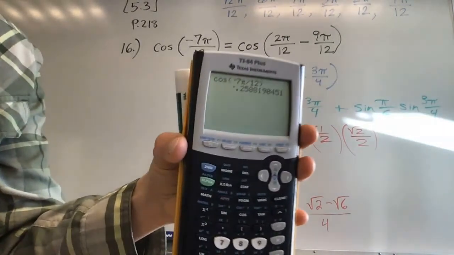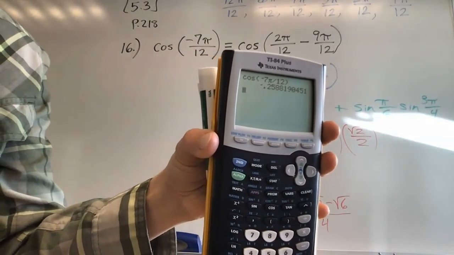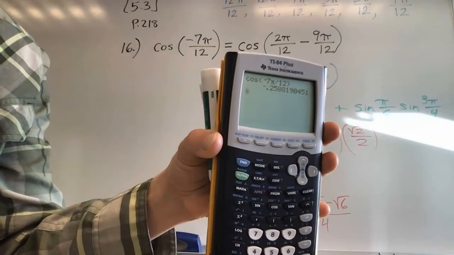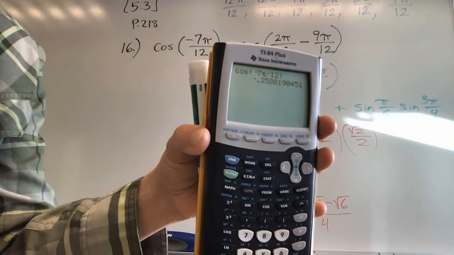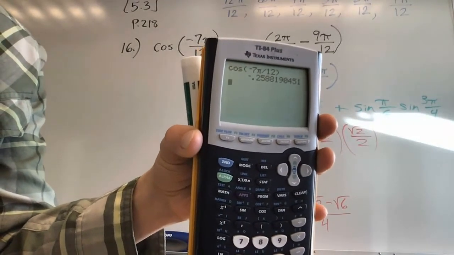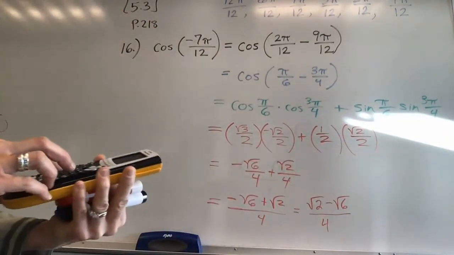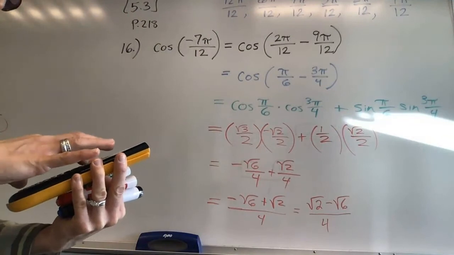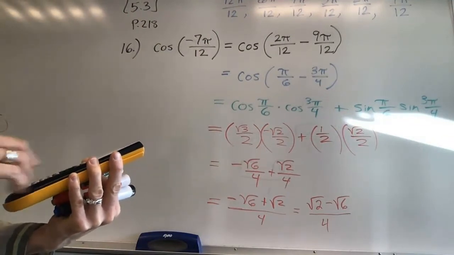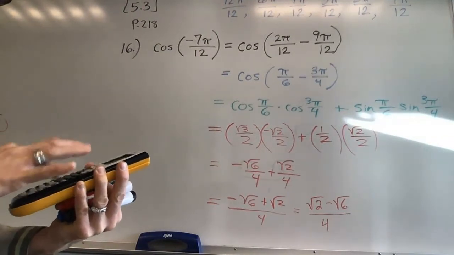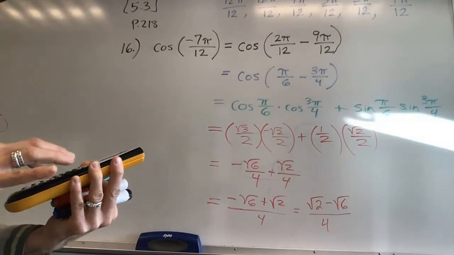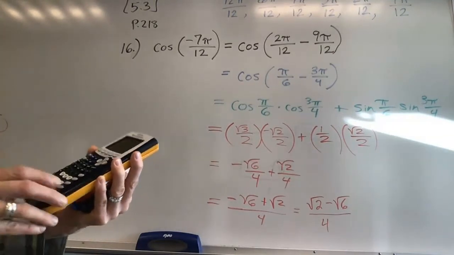And when I do that, I end up with this decimal approximation of negative 0.2588, and so on. Now I want to compare this decimal approximation to this fraction right here. So next I'm going to type parentheses root 2 minus root 6, end parentheses, divide by 4.